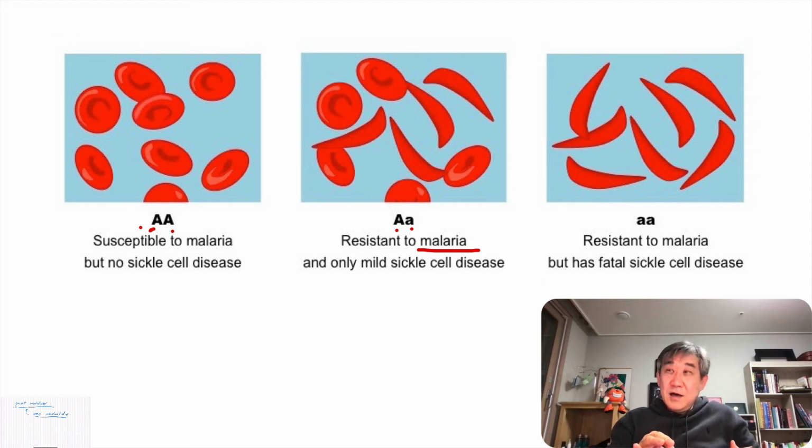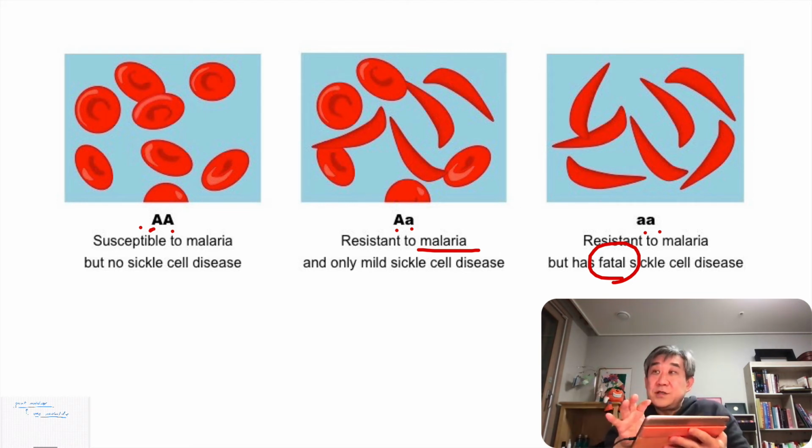But anyway, if you are homozygous for this recessive mutant allele, you have a really serious problem. In most cases it's fatal. You're not going to be able to live that long with this type of serious defect.